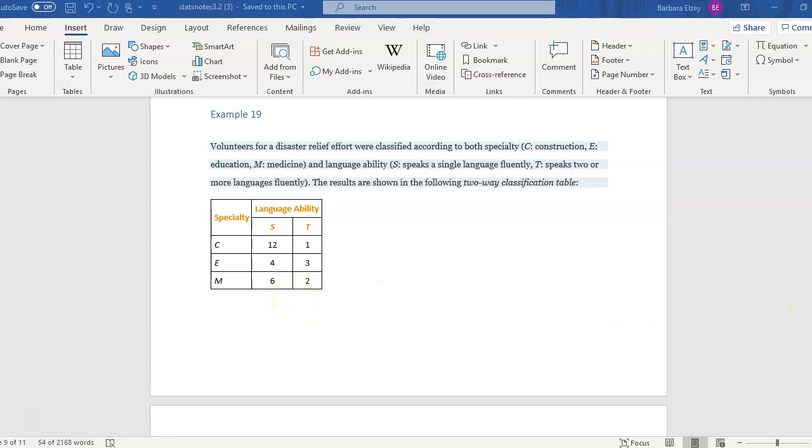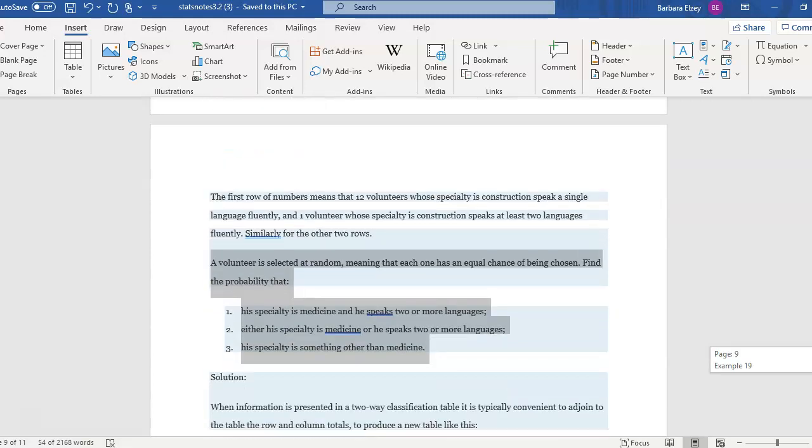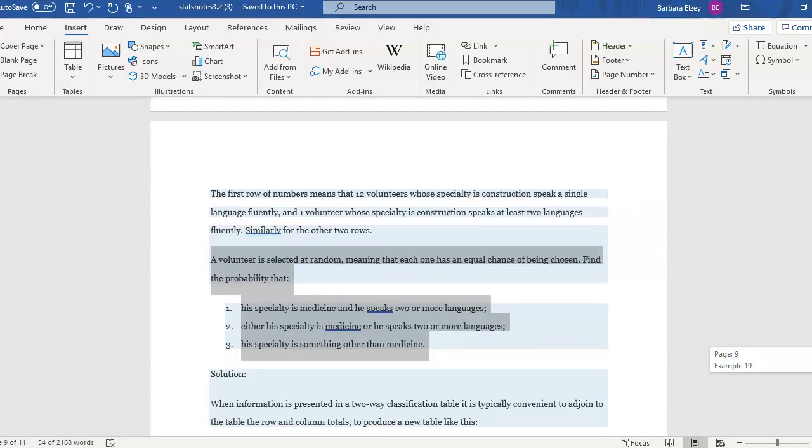So now let's answer some questions based on that table. The first row of numbers means that 12 volunteers whose specialty is construction speak a single language fluently, and one volunteer whose specialty is construction speaks at least two languages fluently. Similarly for the other two rows.